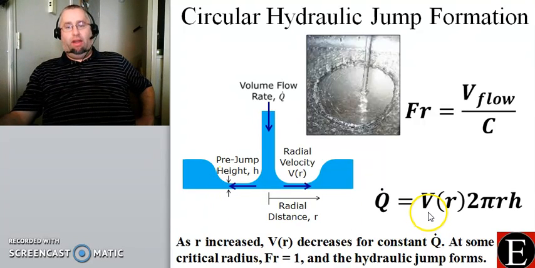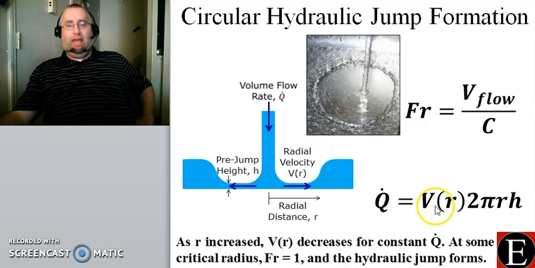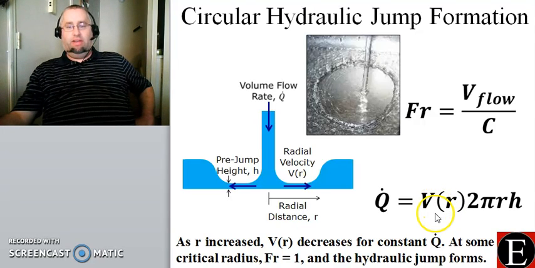What's important here is that Q dot, as I said before, is fixed. That's a fixed volume flow rate. As R is increased, as you move farther and farther away from the point where the fluid struck the surface, the value of R goes up and the value of H remains essentially unchanged. So if Q is fixed, if H is unchanged and R is going up, what that means is that V has to decrease.